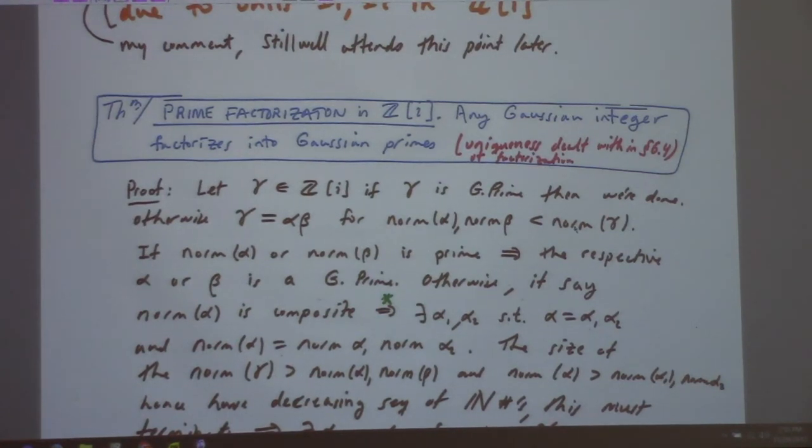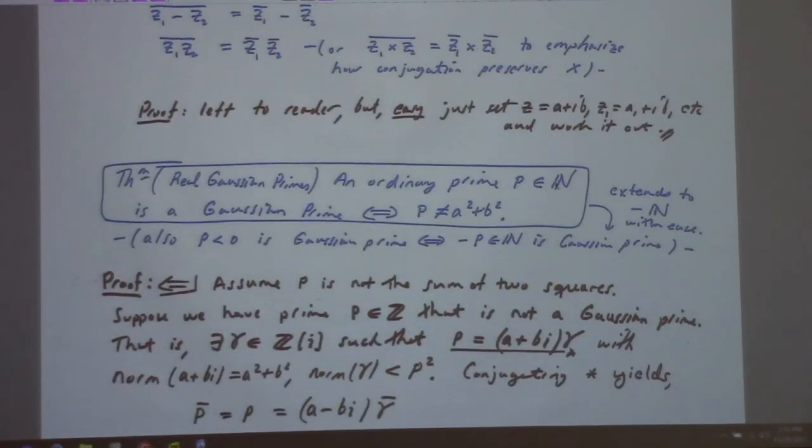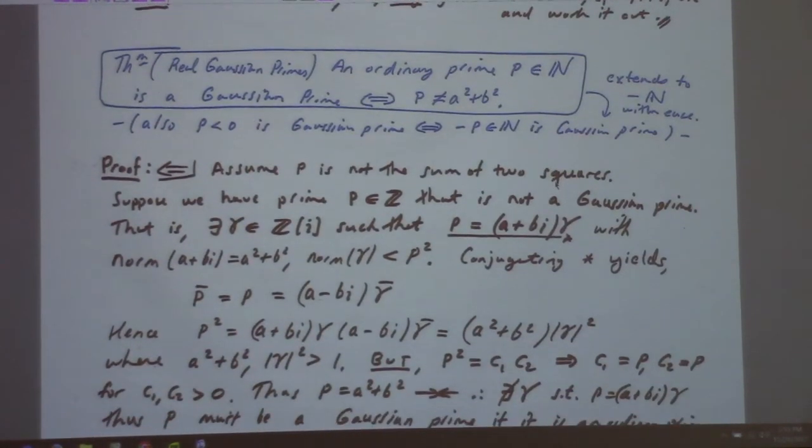All right. And let's see if there's anything else. I don't think there's anything else particularly. This is one of the results that's kind of interesting. Real Gaussian prime. All right. So an ordinary prime, if we have a prime p in the natural numbers, like 3, that's a Gaussian prime if and only if p is not equal to a sum of squares.